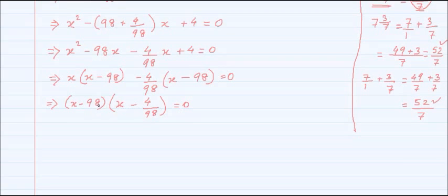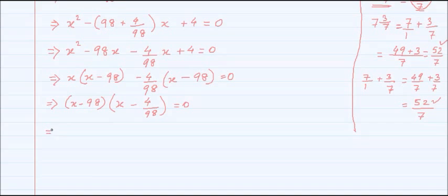Only then can the product be equal to 0, because 98 is being subtracted from x in the first bracket and 4 by 98 is being subtracted from x in the second bracket. So both cannot be simultaneously equal to 0. Either this part will be equal to 0 or this part will be equal to 0.